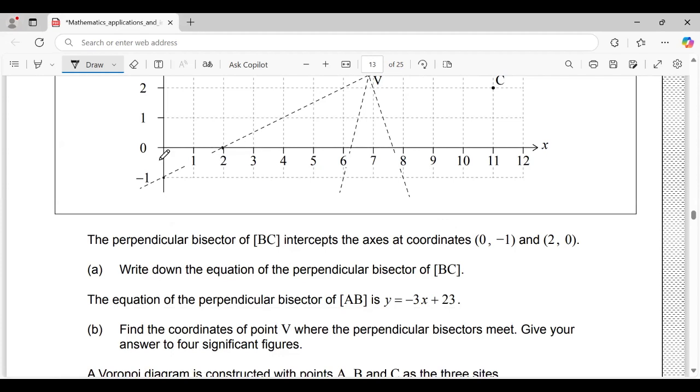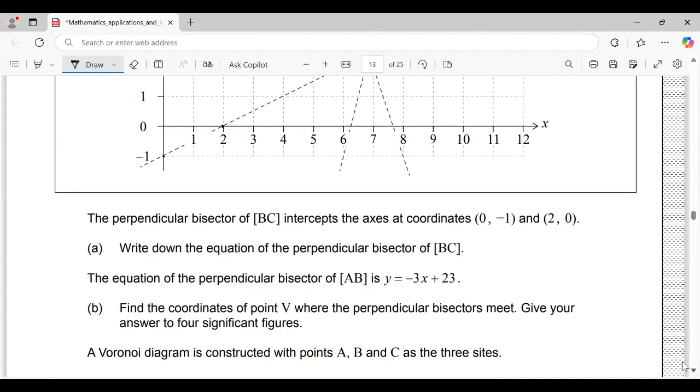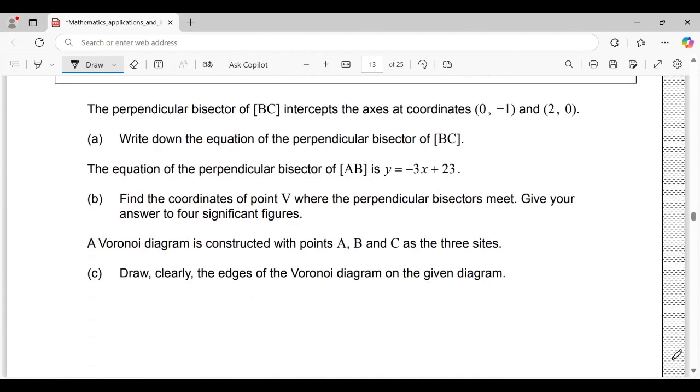So we are going to find this equation, the straight line equation.